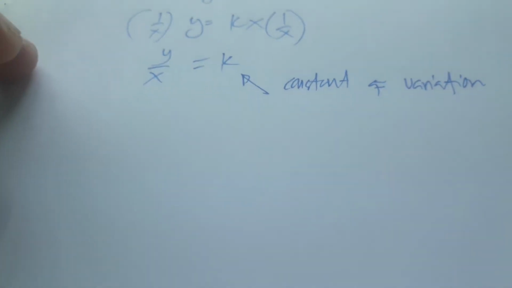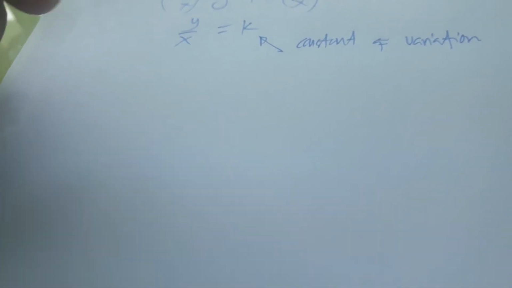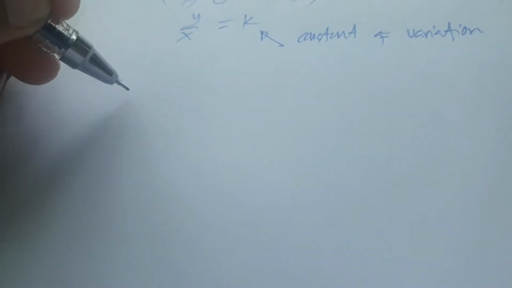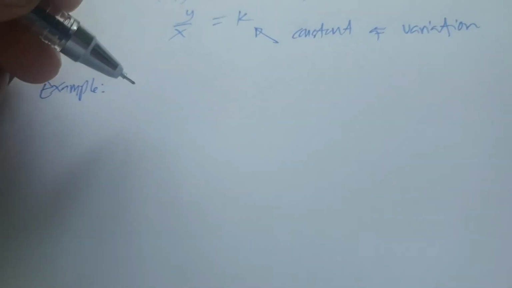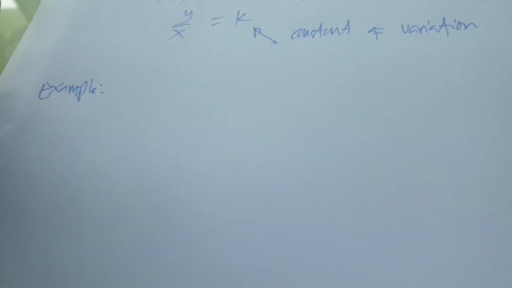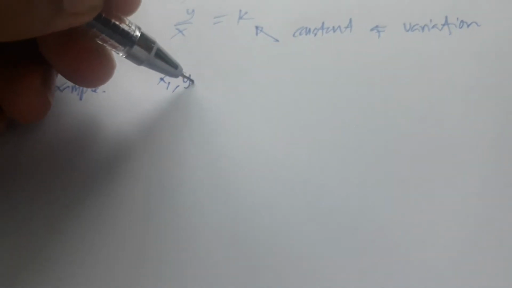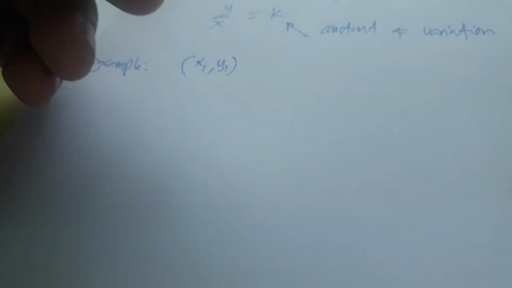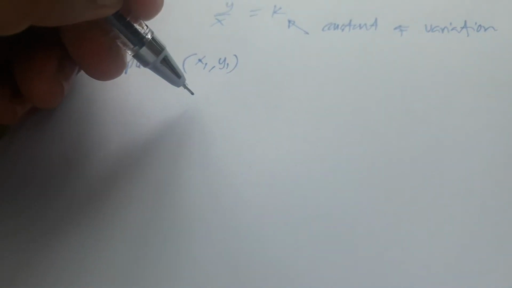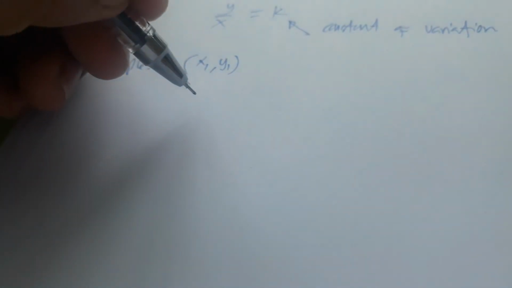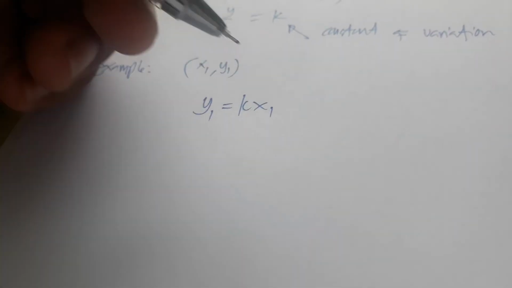Okay, another one. Say in particular you have a pair of x and y. The first pair, x subscript 1 and y subscript 1. So out of the pattern or model, your direct variation now is y subscript 1 equals k times x subscript 1.